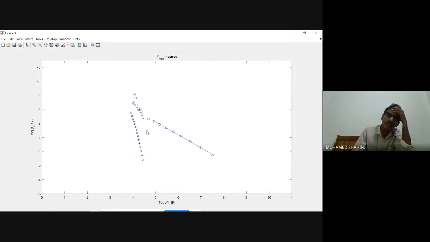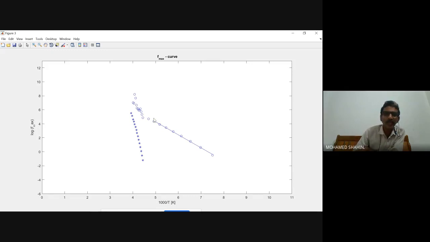So this Arrhenius diagram is fitting the secondary process as well to a straight line. You have to remember that the temperature axis is 1000 by T, and that is log Fm.